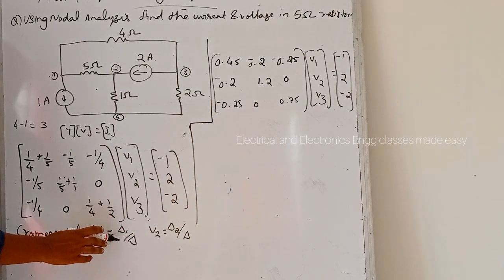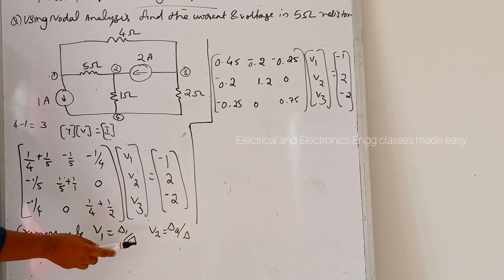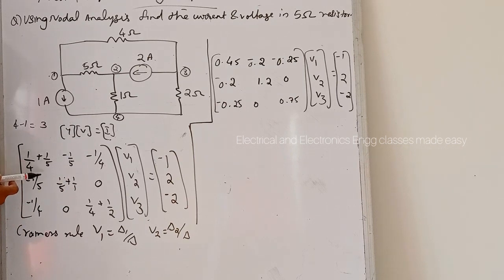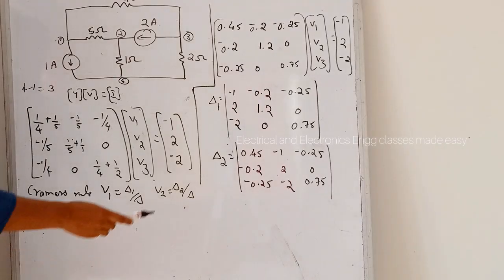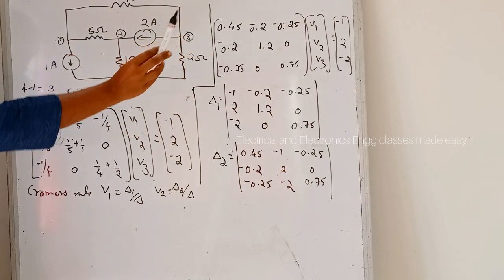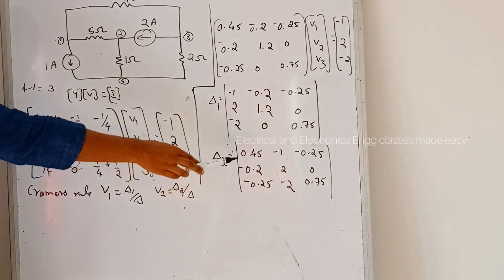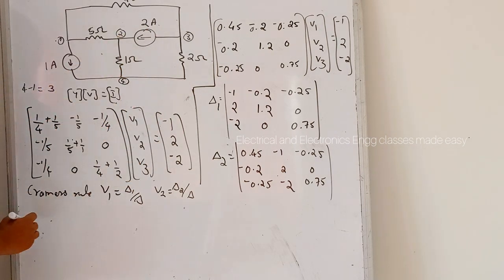And delta is the determinant of this Y matrix, and delta 1 is changing the first column elements with the current matrix, and delta 2 is changing the second column elements with the current matrix and find the determinant. So first of all find delta.